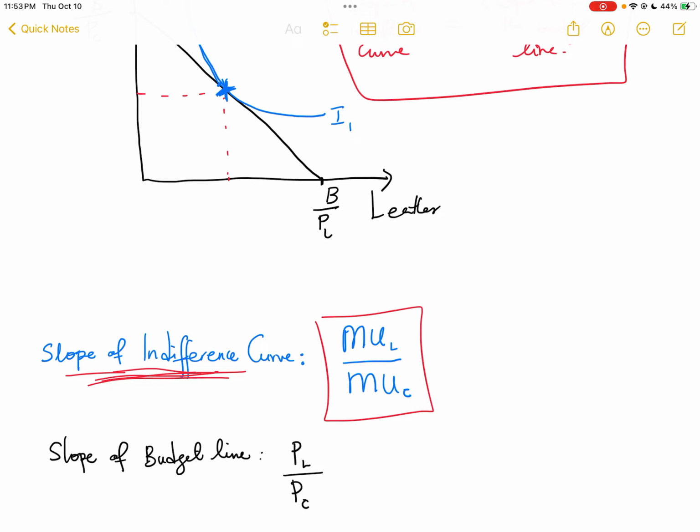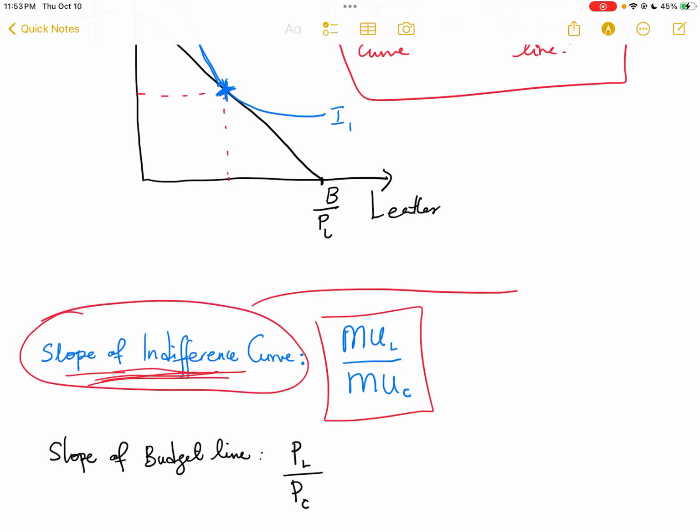We are thinking of the rate at which one good is given up for the other. The rate at which one good is exchanged for the other. That's what the slope of the indifference curve is saying. So another word for the slope of the indifference curve is marginal rate of substitution.